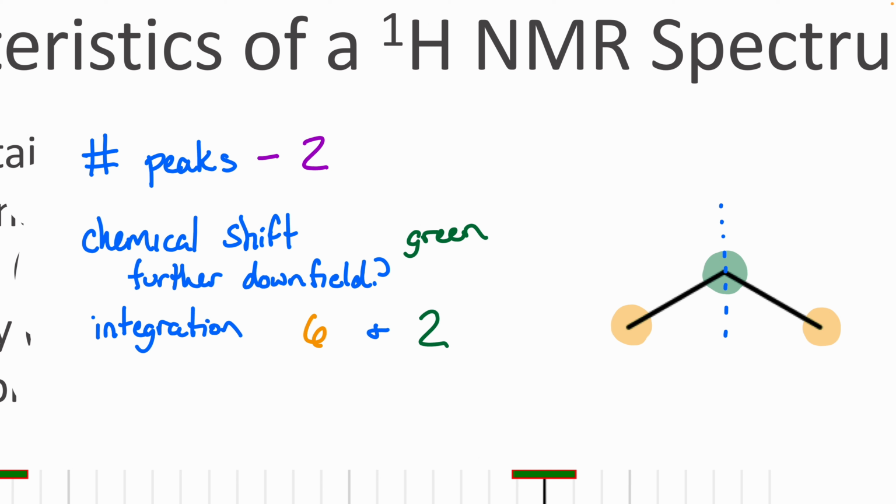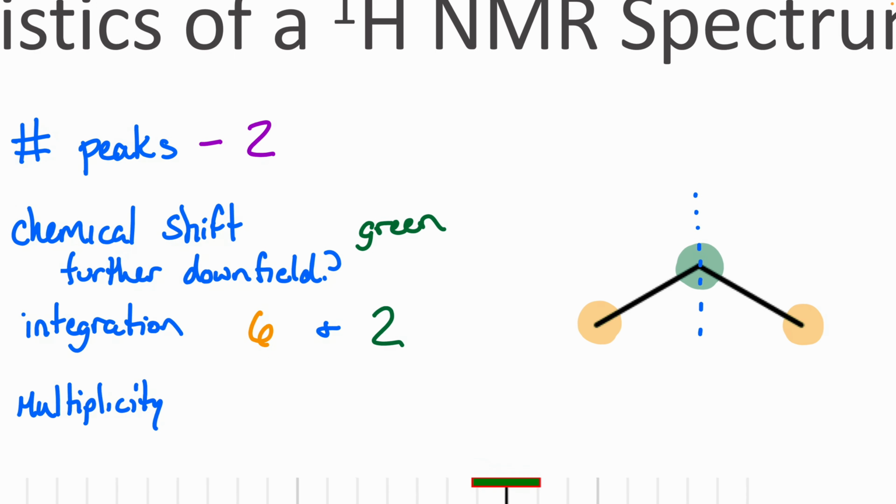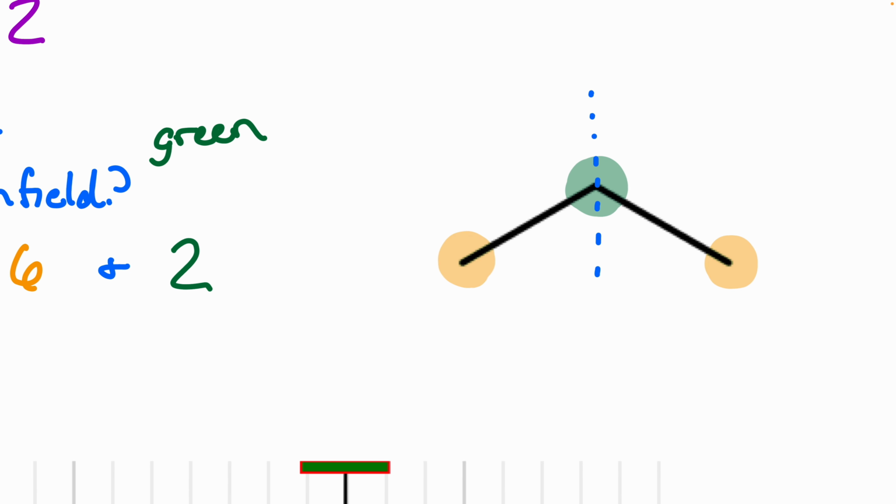All right, and lastly, what about my multiplicity? What about the splitting pattern that I would see? If we look at this orange group here, how many neighboring hydrogens does it have? How many hydrogens are sitting in the group that neighbors this orange group, i.e. this one? 2.